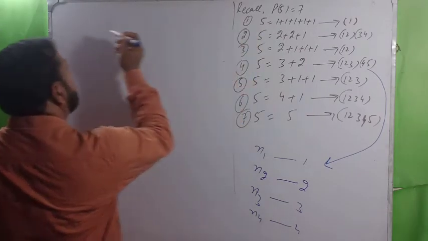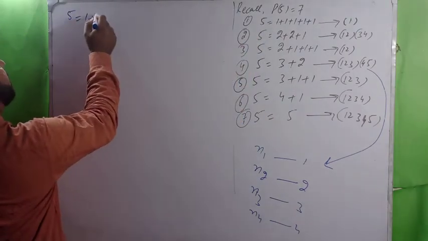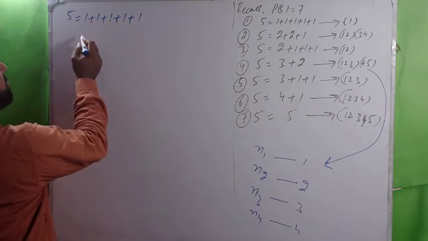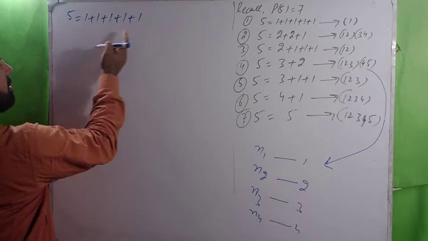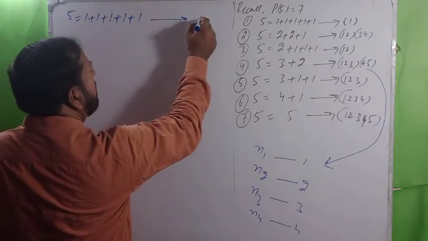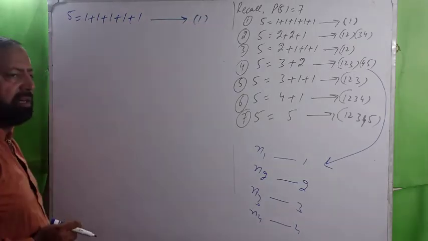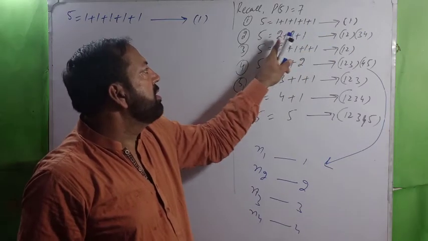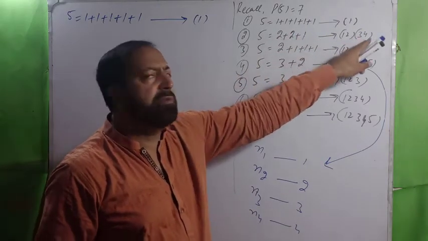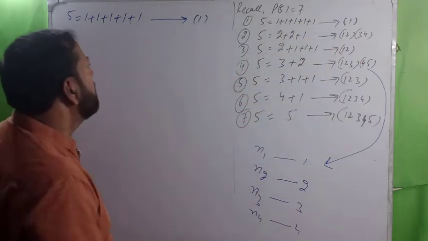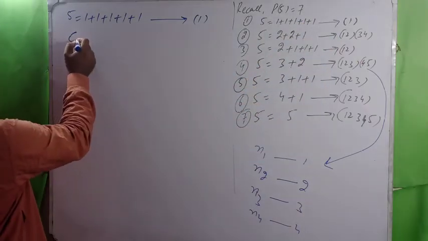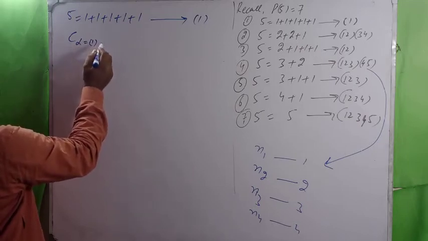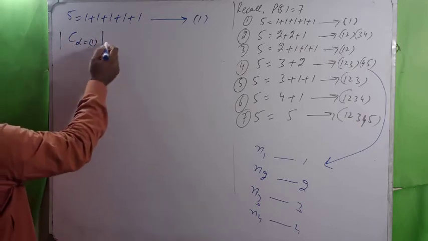Now take 5 is equal to 1 plus 1 plus 1 plus 1 plus 1. So the formula must be, this is the permutation corresponding to identity. I already have told you that 1, 1, 1 stands for identity, 2, 2, 1 stands for (1 2)(3 4), and so on and so forth. So you want to find the conjugacy class of alpha, where alpha is equal to identity. What is its size?